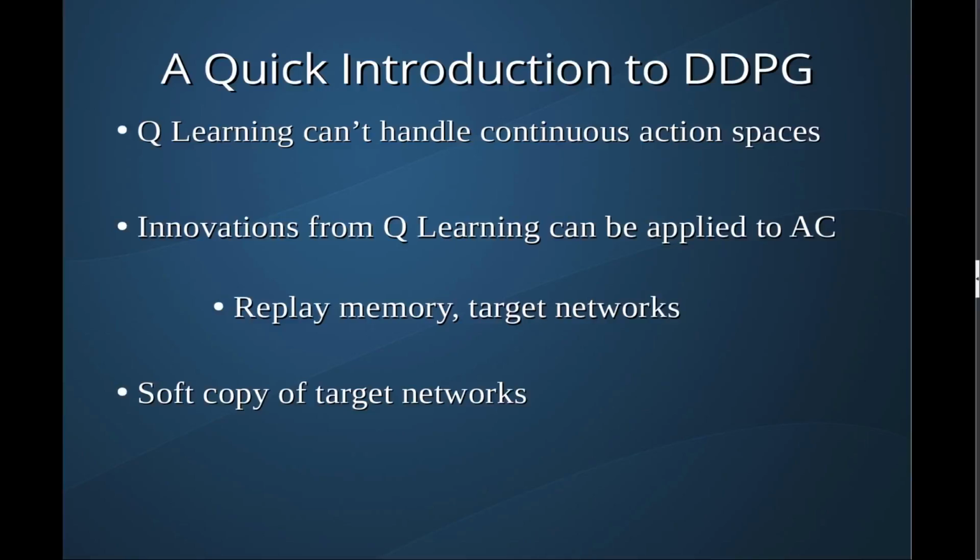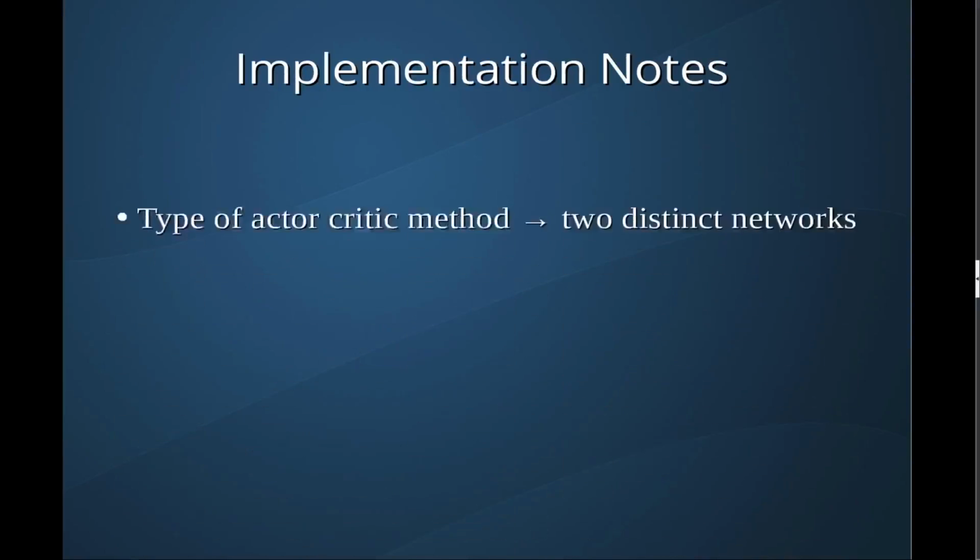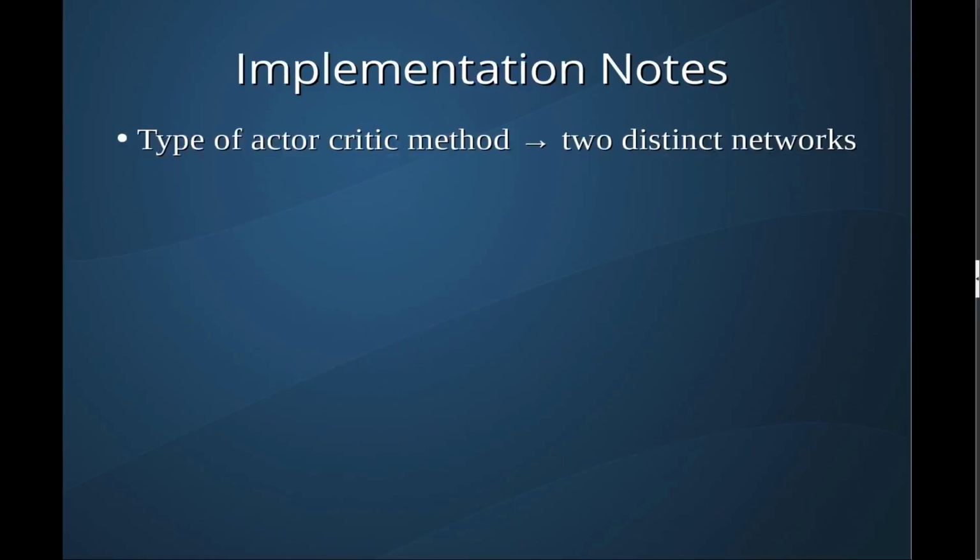It's also worth noting that we're going to have more than one target network here, and the reason we need more than one target network is because DDPG is a type of actor-critic method. And so you have two distinct networks, one for the actor and one for the critic. And in fact, in this implementation, we're going to have 4 different networks, one actor, one critic, and then one target actor and one target critic.